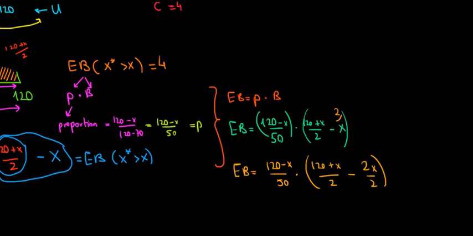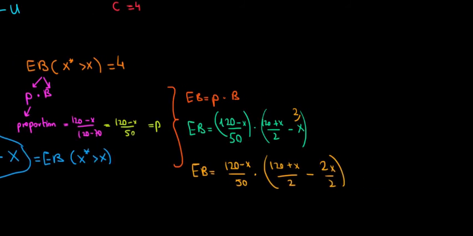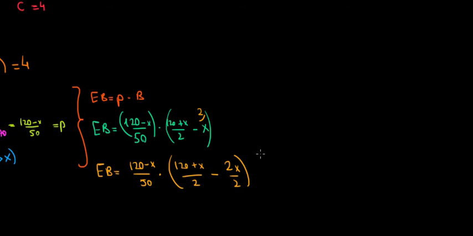So let's group the second part together. Over here, we would have 120 minus X divided by 50 times 120 plus X minus 2X. That's 120 minus X divided by 2.